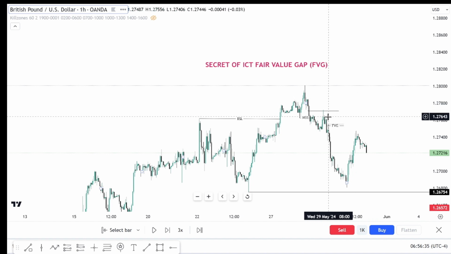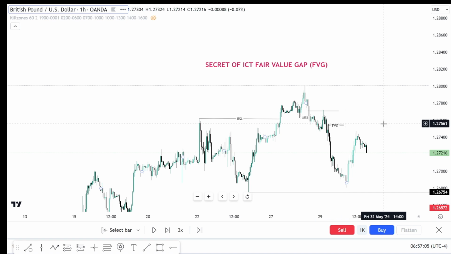And how do we know that this fair value gap is a high probability fair value gap? You will notice that if a fair value gap is high probability, the candle will not close inside the fair value gap. You will most likely see that it is the wick that retests the fair value gap, but the candle will close below the fair value gap, or above it in a bullish condition.